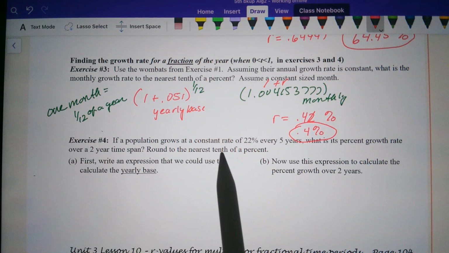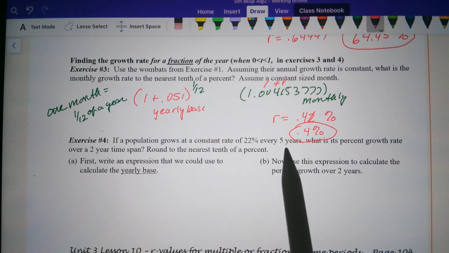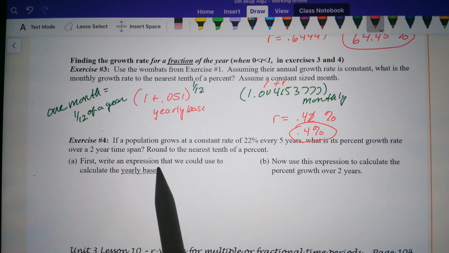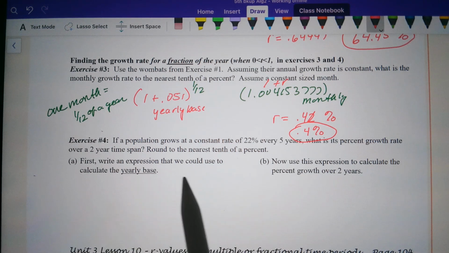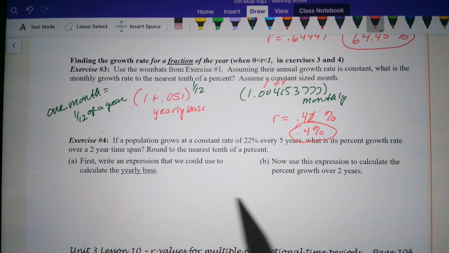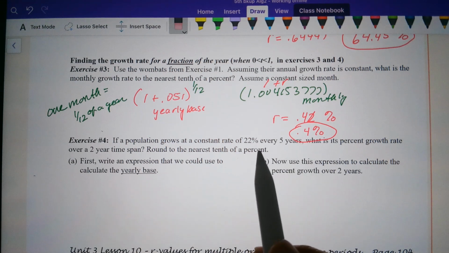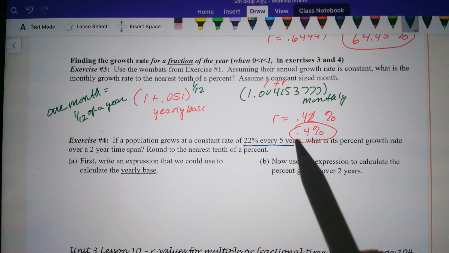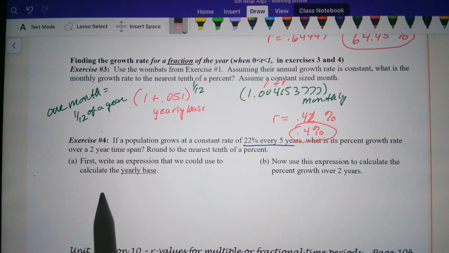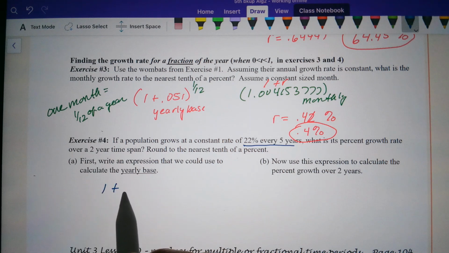If a population grows at a constant rate of 22% every 5 years, what is the percent growth rate over a 2-year time span? Round to the nearest tenth of a percent. First, write an expression that we could use to calculate the yearly base. Okay, so that 22% is for 5 years. So 1 plus 0.22.